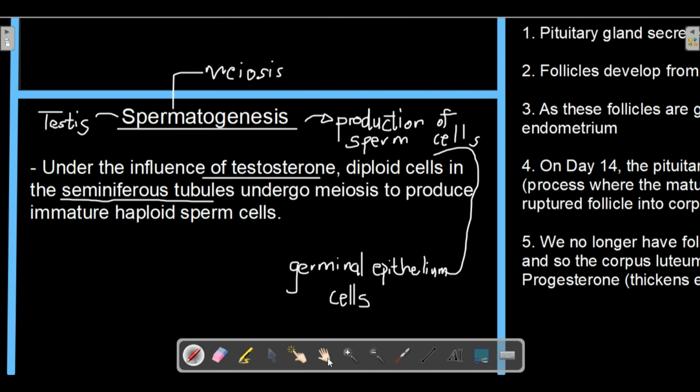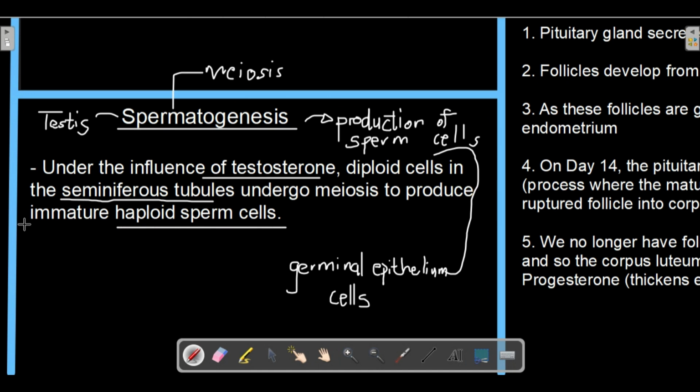So you have to be descriptive when you are explaining the process of spermatogenesis. Okay, ensure that you mention that you have diploid cells or diploid germinal epithelium cells that are in these structures. Okay, these are tubular structures that are in the testes, and inside of these you have these germinal epithelium cells. So they undergo meiosis to produce haploid sperm cells.